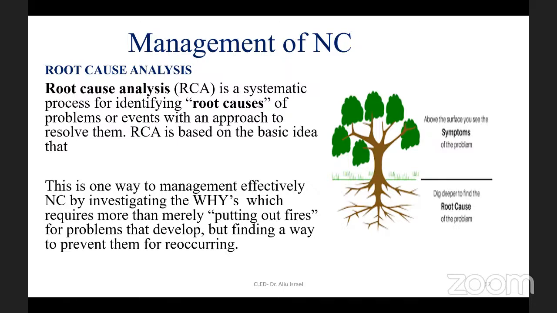Now, let's say, for example, it's like putting out a fire for a problem that they know, but finding a way to prevent them from reoccurring. So you could see this tree now. These are the symptoms. What you see up, the obvious, are the symptoms, but the things you cannot see easily are the root cause. So you have to dig deeper to find the root cause of a problem, or else you will just be treating the symptoms.